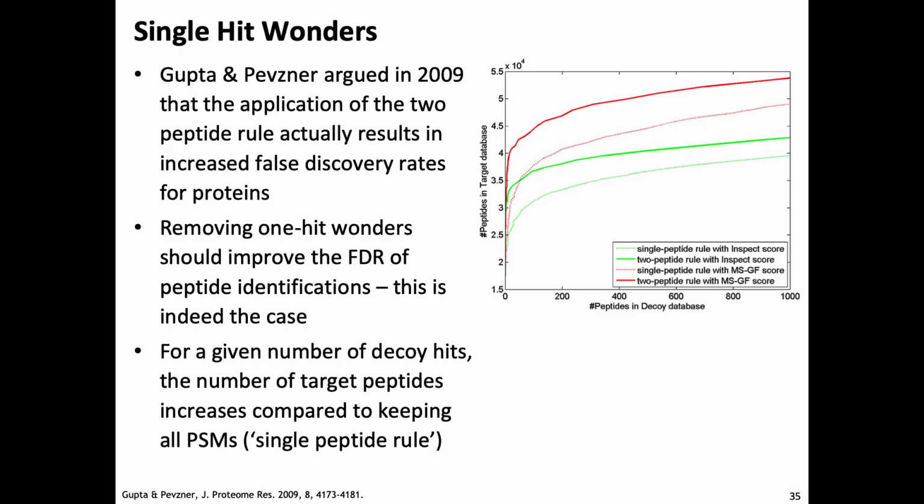Yes. So let's look at these random hits. Random hits occur by chance. If you measure the same spectrum, the same peptide twice, let's assume the peptide is really not in there, but you have a random hit that assigns it to an incorrect protein.